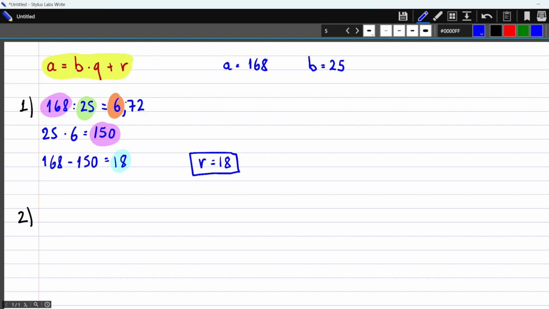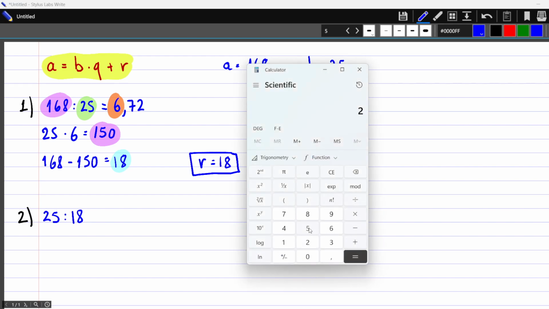This time we are going to be picking this number here, the green one, and we will divide it by the remainder. As always, we will be doing this with the use of a calculator. So 25 divided by 18 equals 1.3888 and so on.